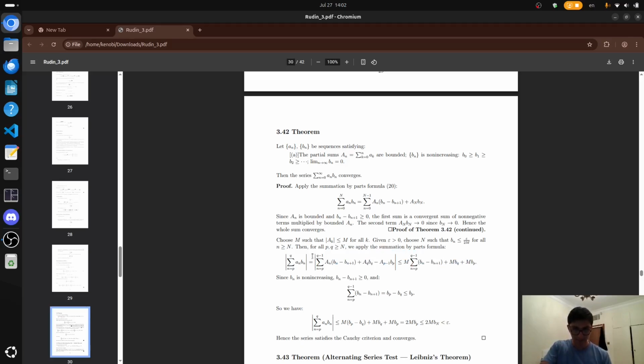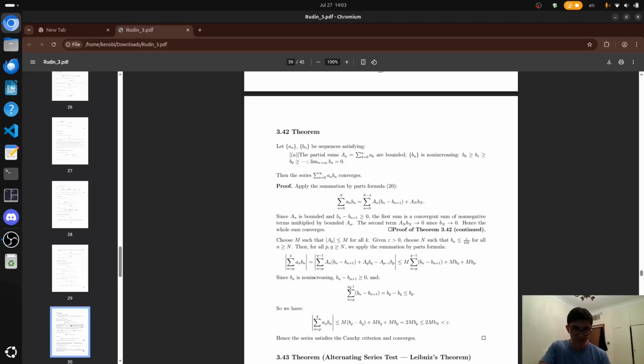And this thing over here is going to be equal to this thing. And we know each term is going to be multiplied by a_n, so we're just going to bring that out with this absolute value. This is going to be less than or equal to M times this thing, and same thing for here. A_q is less than or equal to M, and A_{p-1} is also less than or equal to M. So we're going to get this.